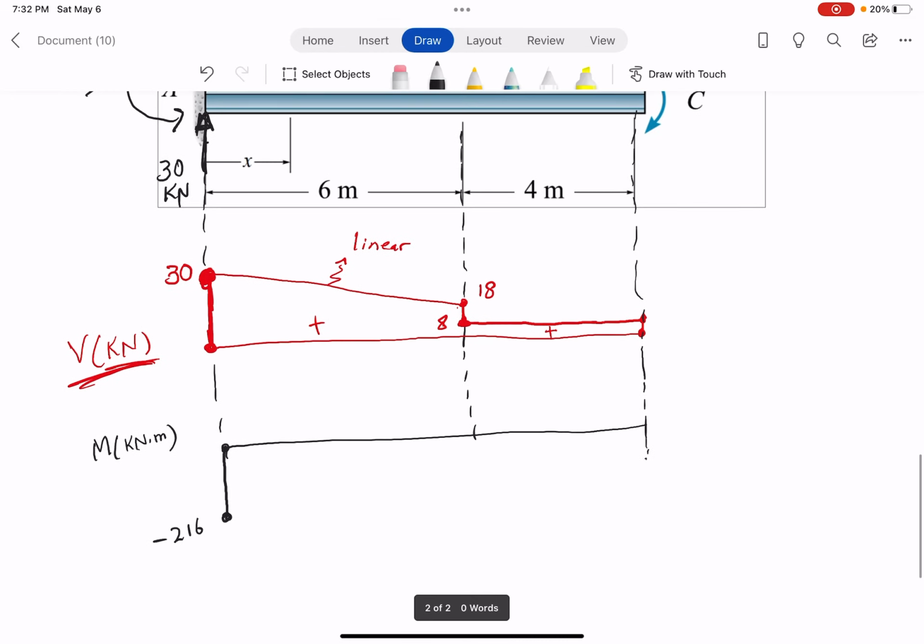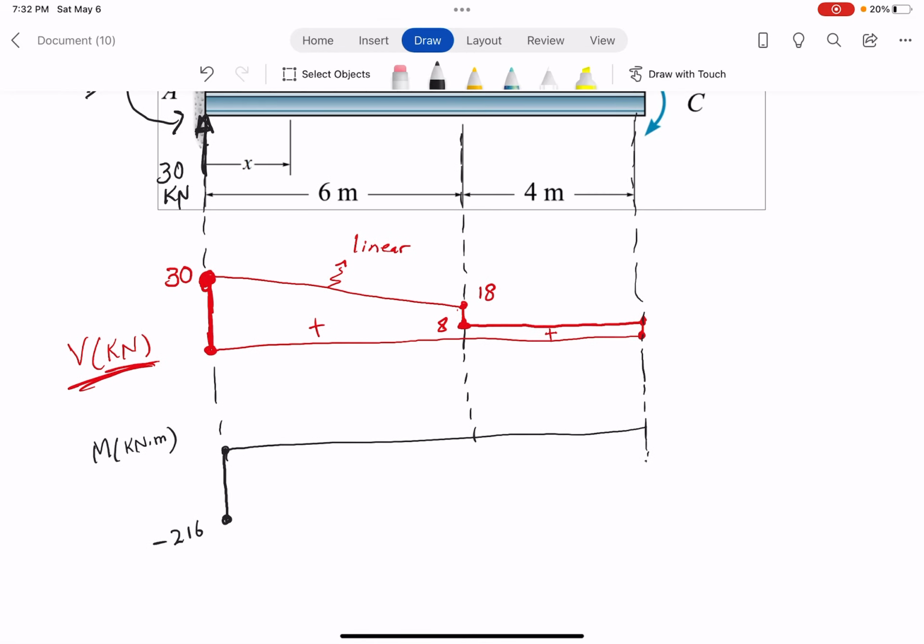There's only loading. So let's find out the area of the shear. There is a triangle and there is a rectangle.